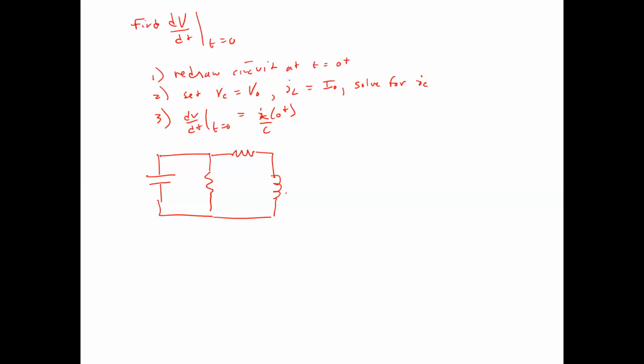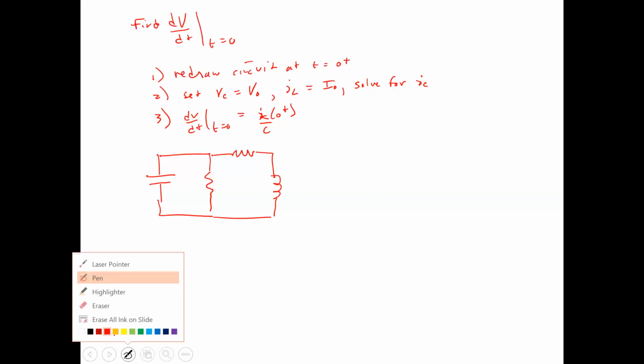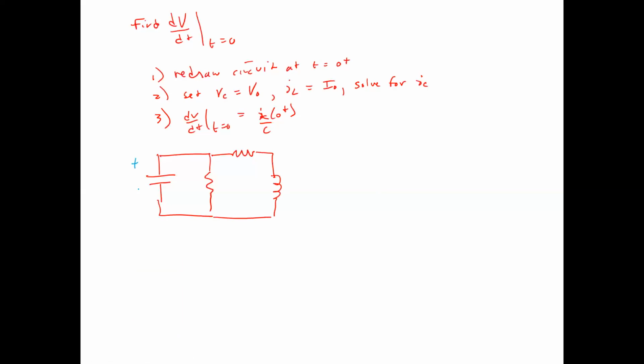However you do it, there is going to be a V0 applied here, and an I0 going this way. And this is going to be our IC. And because you have a 4 ohm resistor, that is going to be V0 over 4.